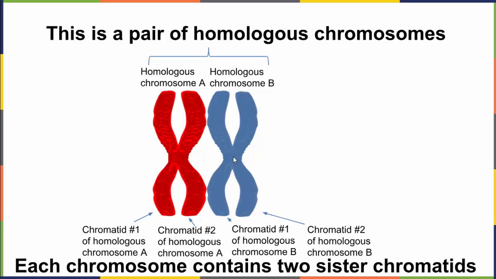So red is one homologous chromosome. Blue is the other homologous chromosome. And then each part of the X is a chromatid. So we've got chromatid 1 of homologous chromosome A and chromatid 2 of homologous chromosome A, and then the same for homologous chromosome B. Make sure that you're clear on the difference between the homologous chromosomes, which are the mother versions and the father versions, and the chromatids, which are basically just the identical twins that are paper clipped together.